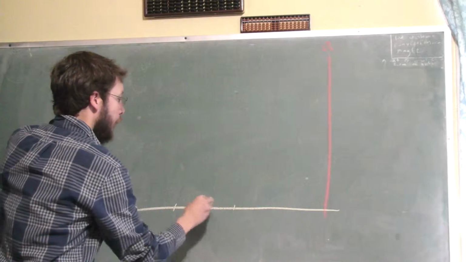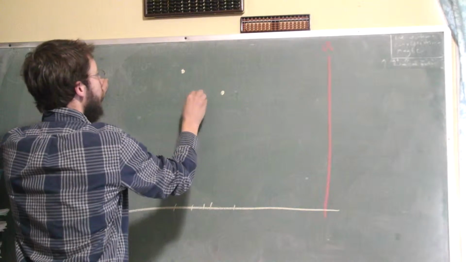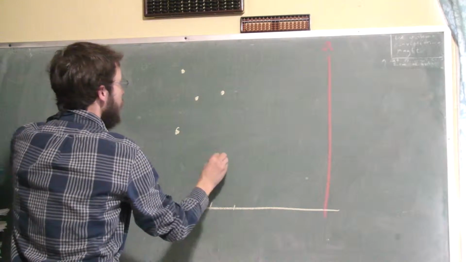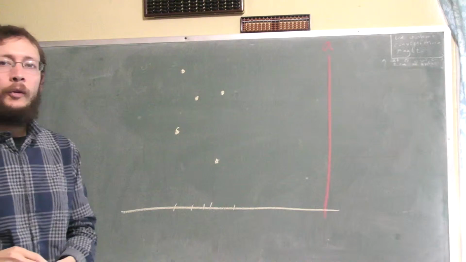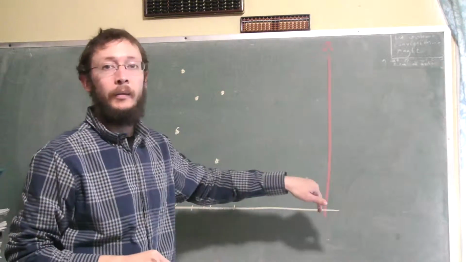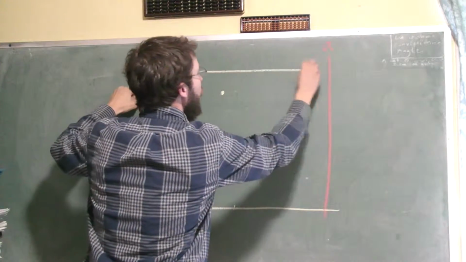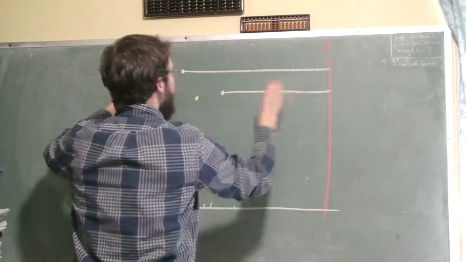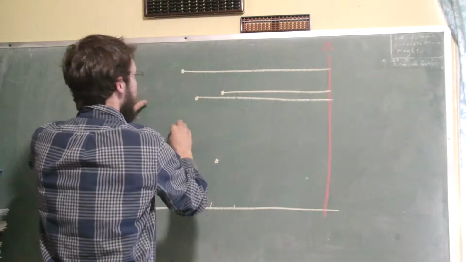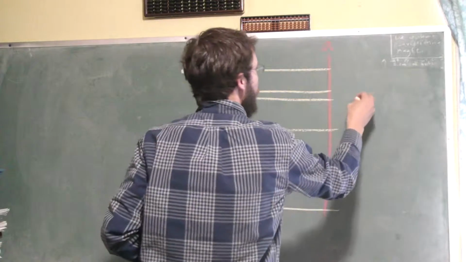So maybe there's 5 points randomly distributed along this number line, okay? And let's suppose that we want to calculate the average squared distance to a, all right? So what we would do is we would take these distances and we would square the distances and we would average how many there were, right?